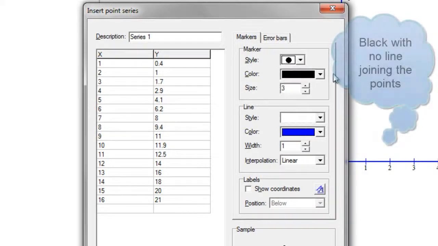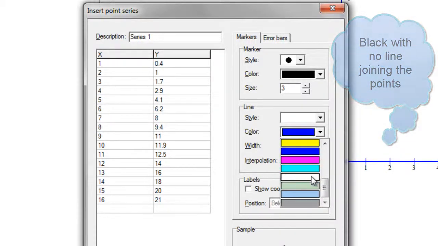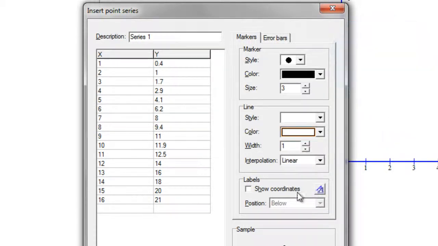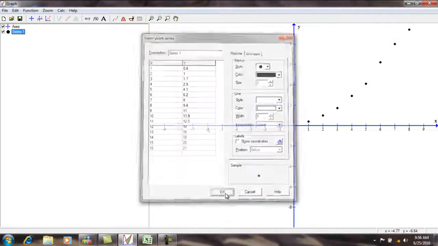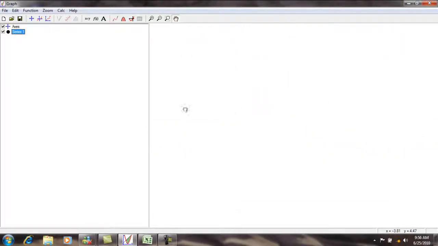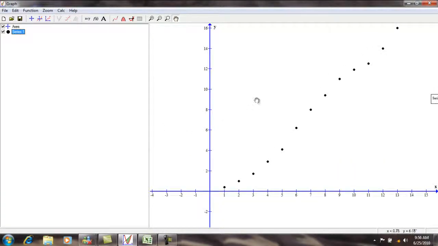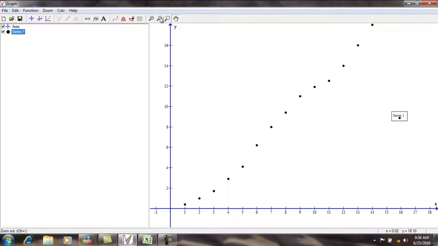After inserting all the coordinates which are required, we are going to edit the preferences of our graph. In this case, we're opting for a black color and for no line, because according to the question, only the coordinates have to be marked. The next step is obviously to edit the graph so it fits our screen.